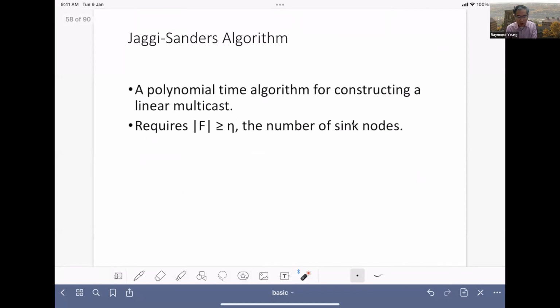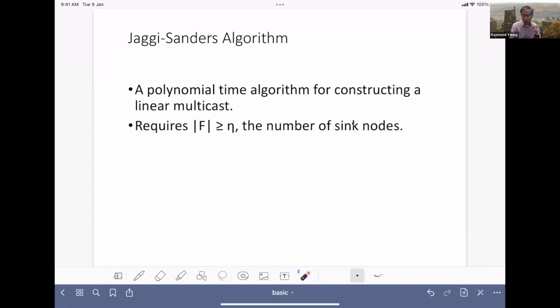Now let me turn to the Jaggi-Sanders algorithm, which is a polynomial time algorithm for constructing a linear multicast. The required field size is not big. You only need to use a finite field with size larger than or equal to eta, where eta is the number of sink nodes.